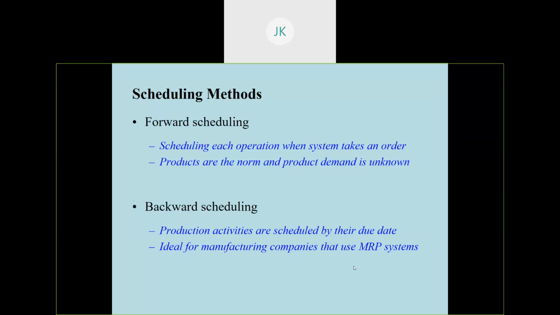The MRP system is a conventional, traditional system, that is a make to stock system. A make to stock system produces by forecasting, that means by due date. So a make to stock system uses backward scheduling.